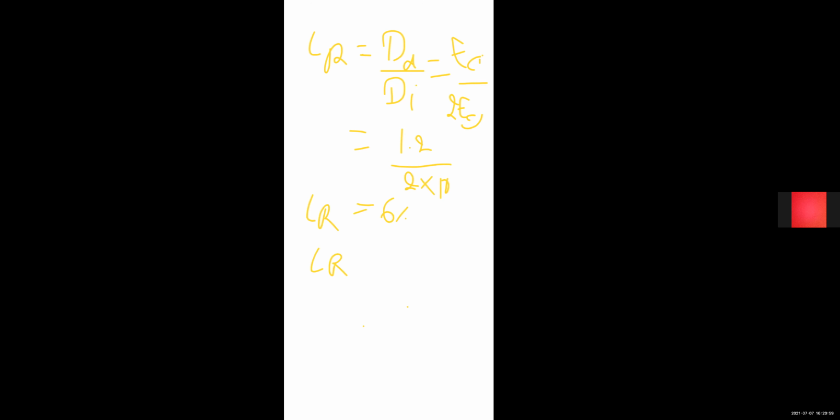Again, we can calculate LR equal to dD by dI equal to dI minus Cu divided by dI. So LR is given 6%, Cu is given 80 mm, and here also dI equal 100.